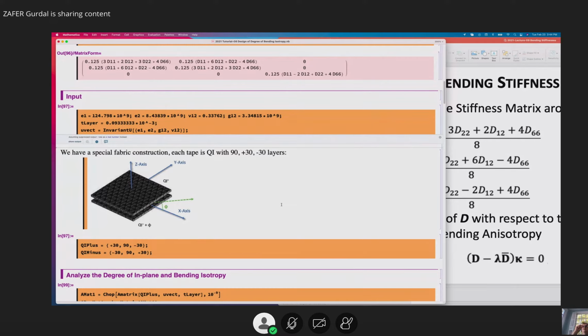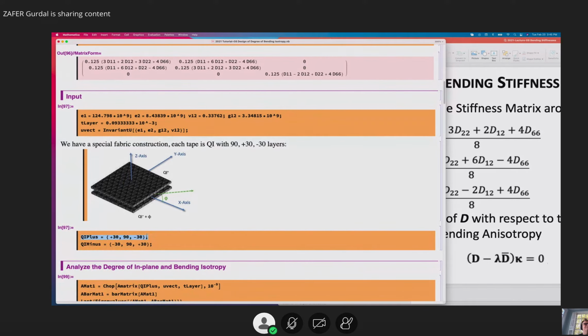It's quasi-isotropic. They were planning to market this product in the United States, and they were saying, hey, if you buy our material, you don't have to worry about these different ply orientation angles. What we're selling you is a quasi-isotropic fabric, a combination of the plus minus 30s and 90s, and they made it in this form.